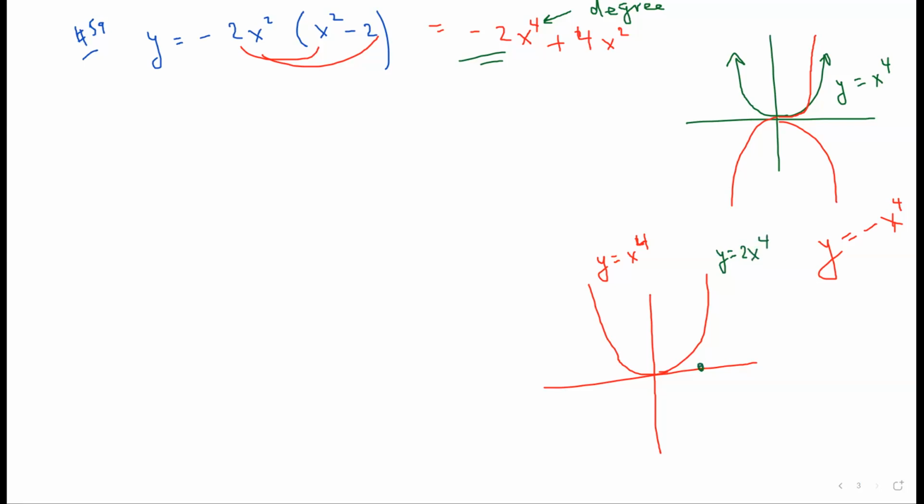Well, it turns out for any point x, if I find y, which is the 4th power of x, now that's for this red one, I multiply it by 2. So I double it. In other words, the distance from x-axis doubles. So if this point is here, I double this distance. If this point is here, I double that distance. And that's what makes my graph, people say, contract.